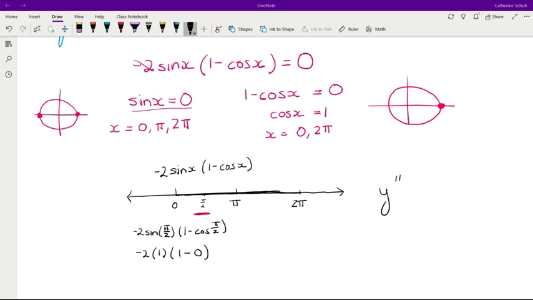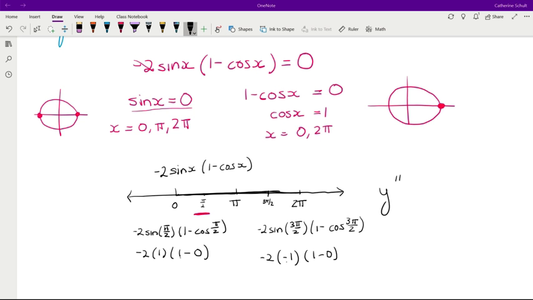And then between pi and 2 pi, we'll go down south, we'll do 3 pi over 2. So plug it into the numerator of the double derivative, because that's what determines if it's positive or negative. So we have -2, sine of 3 pi over 2 is -1, then we have 1 minus 0.